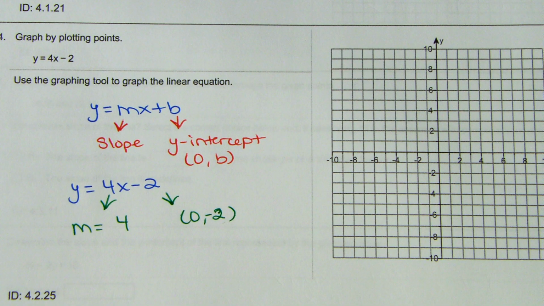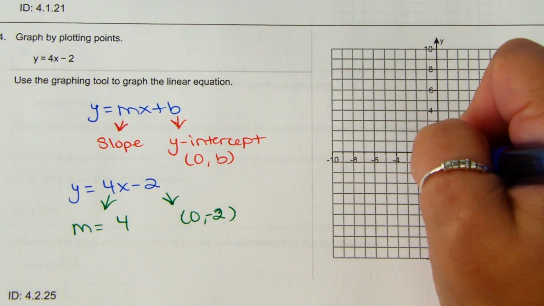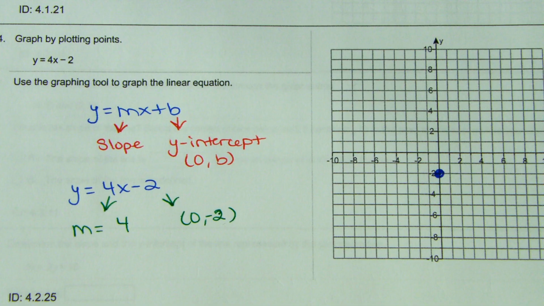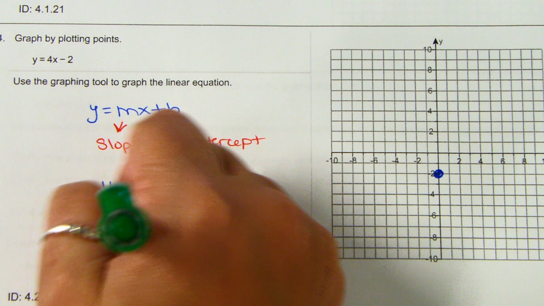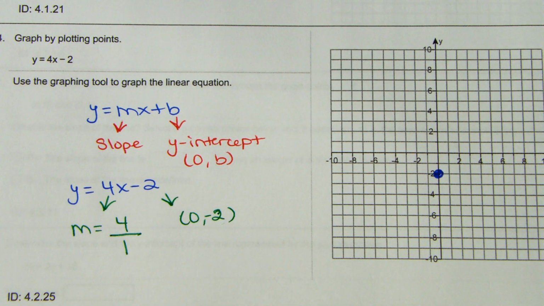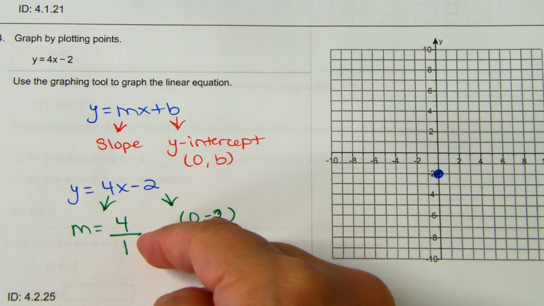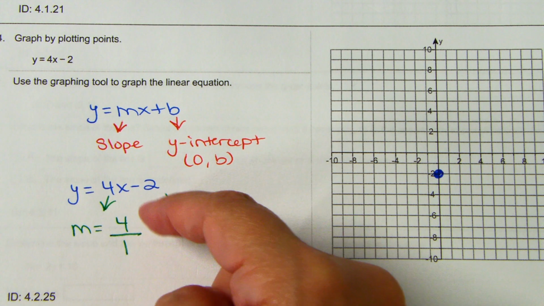What I do is I go over here and I say, okay, (0, -2), that's going to be right here because that's your y-intercept. And then the slope is a positive 4. When you write your slopes over on the side or you're making these notes, if it's a whole number, stick it over 1. That way you can see the vertical change over the horizontal change, because slope is rise over run or vertical change over horizontal change.